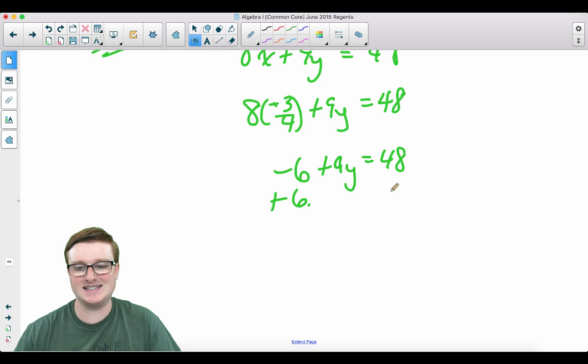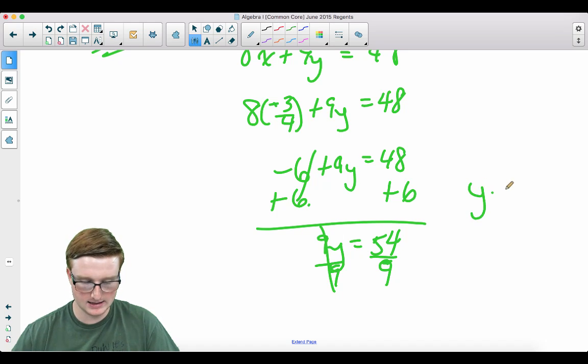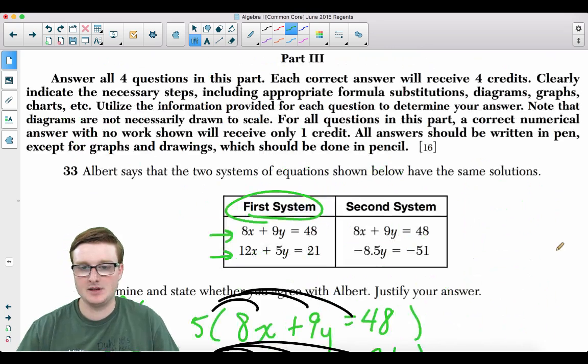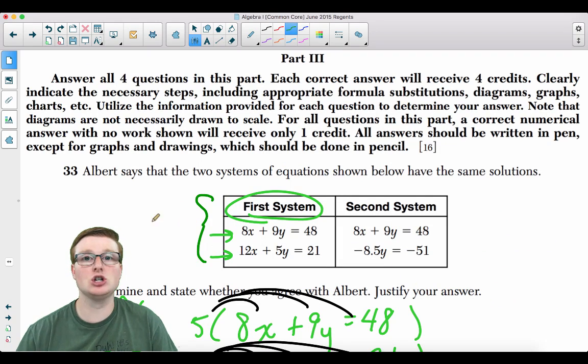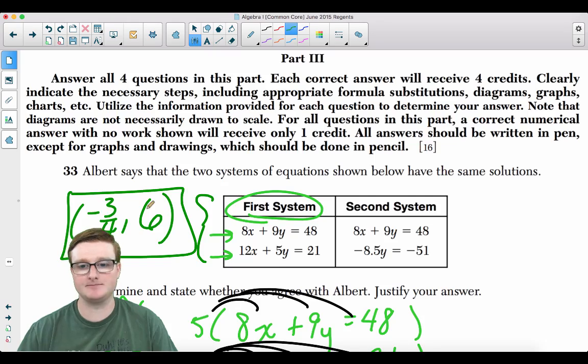I'm going to now add the 6 on both sides. You get 9y is equal to 54. Divide by 9 on both sides, and then you get y is equal to 6. So the solution to the first system is negative 3/4, 6. That is the ordered pair.